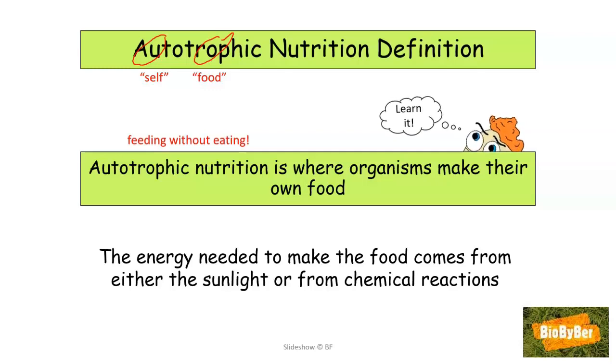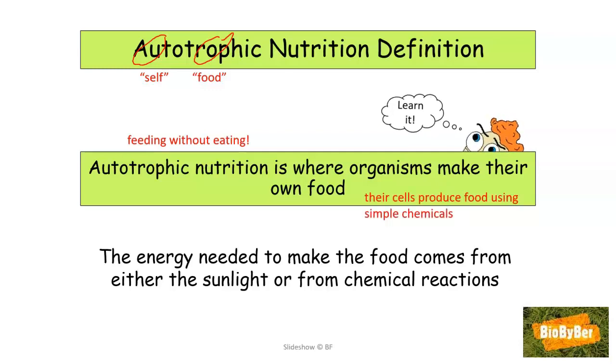Now, when we say that the organisms make their own food, we mean that they use chemicals and they produce food in their own cells. These chemicals are simple chemicals like water, for example, or nitrogen, or hydrogen sulfide. The energy needed to make their food will come from either the sunlight or from chemical reactions.